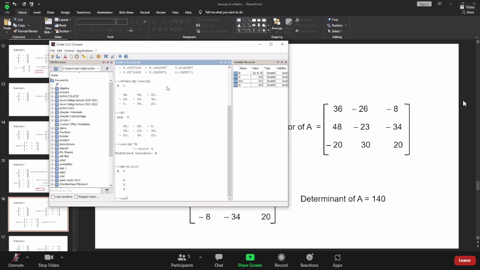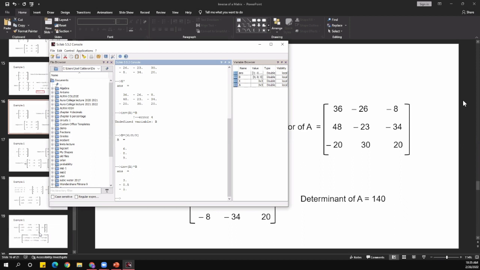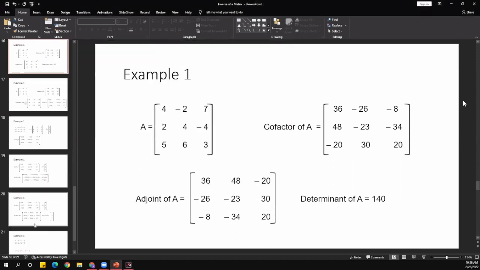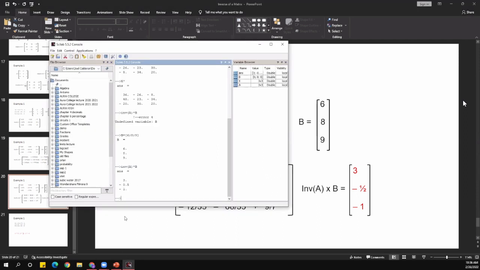So, inverse of A, then you multiply it by B. The answer is 3, negative 1 half, negative 1. Which is yung sagot din natin dito. Ayan. Inverse of A times B. Gets? Makukuha mo na yung sagot ng matrix.